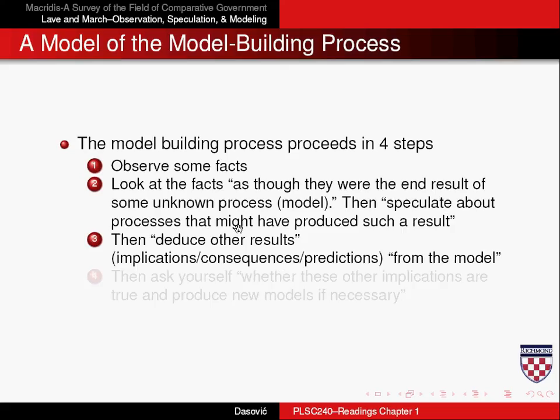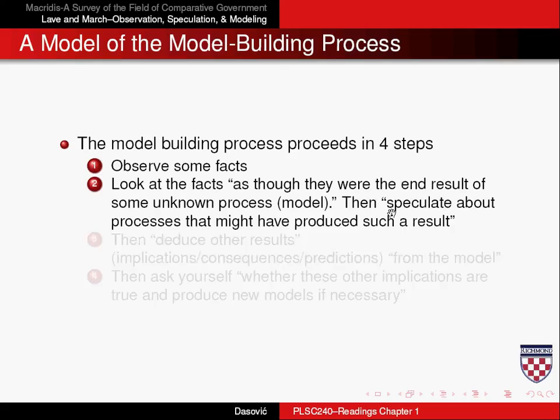So what you're saying essentially is, look, if my speculation as to what process has produced this result, in this example differences in mortality rates across countries, is really true, what else can I deduce from that?